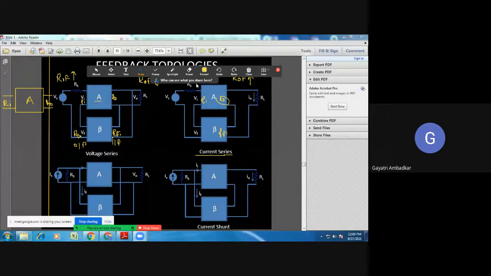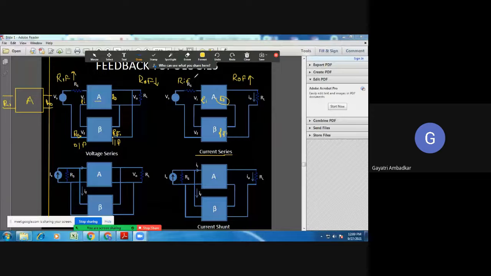Okay, so here also RIF will increase. So for the current series combination, input resistance with feedback will increase as compared to input resistance without feedback. Similarly, output resistance with feedback will also increase as compared to output resistance without feedback. Clear?